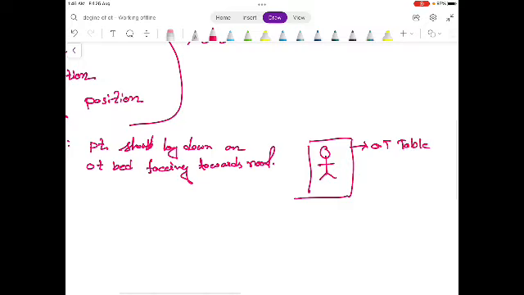We can think of this as the OT table and this is the patient, right?